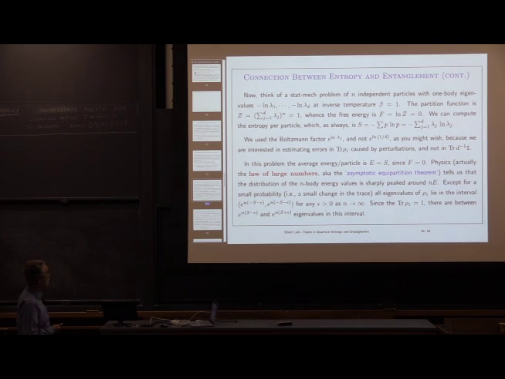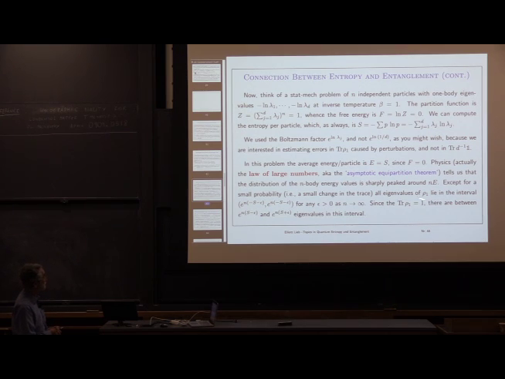Except for a small probability, that is to say, by small probability I mean a small change in the trace, all the eigenvalues of rho 1 lie in the interval e to the n times minus the entropy, minus epsilon, or e, whoops, something went wrong here. One of these is plus epsilon, sorry about that. For any epsilon positive as n goes to infinity.